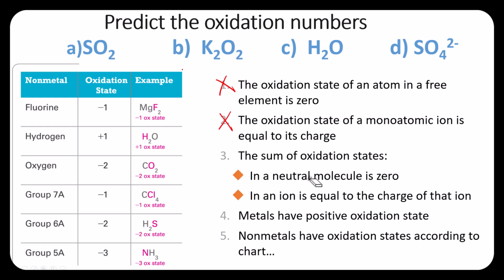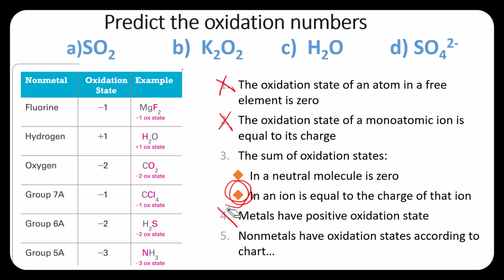Sum of the oxidation states of a neutral molecule. Well, this is not a neutral molecule. It's a charged molecule. So in an ion, it's equal to the charge of that ion. So when I take this sum of sulfur plus the 4 oxygens, the sum of those numbers has to be a -2. So that's a very important rule.